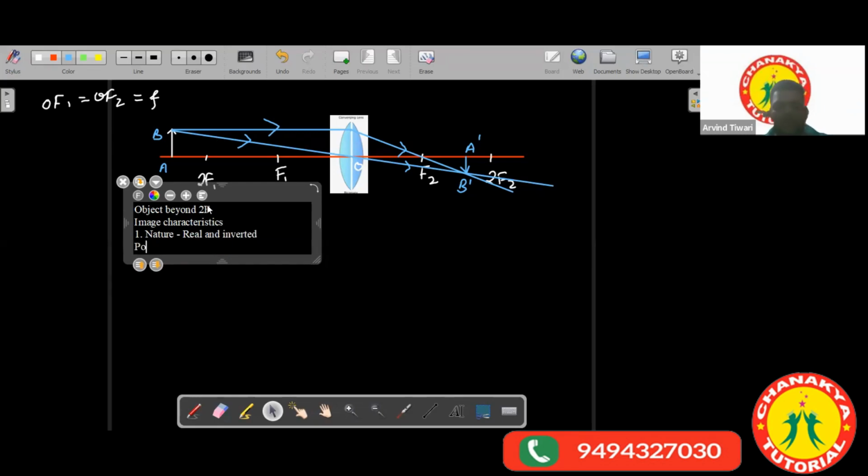Whenever you are telling about the characteristics, you have to tell these three things: nature, position, and size. So we observe here that the image is formed between F and 2F.